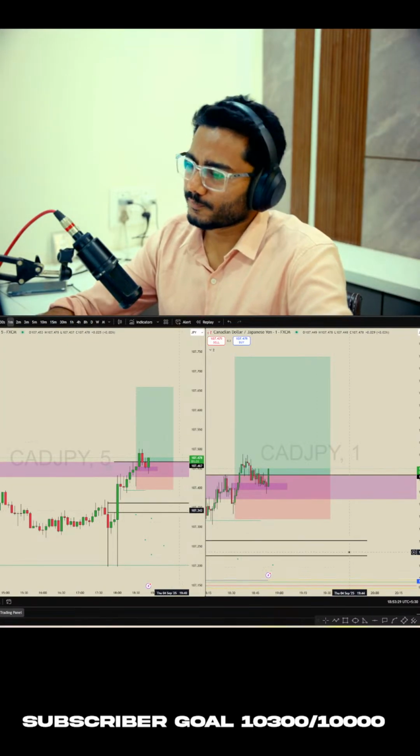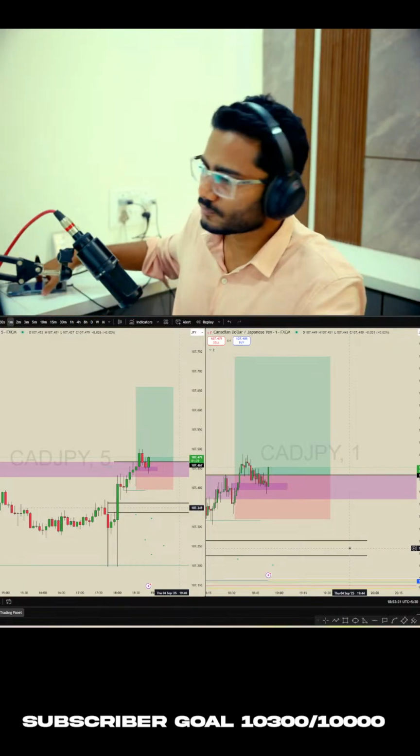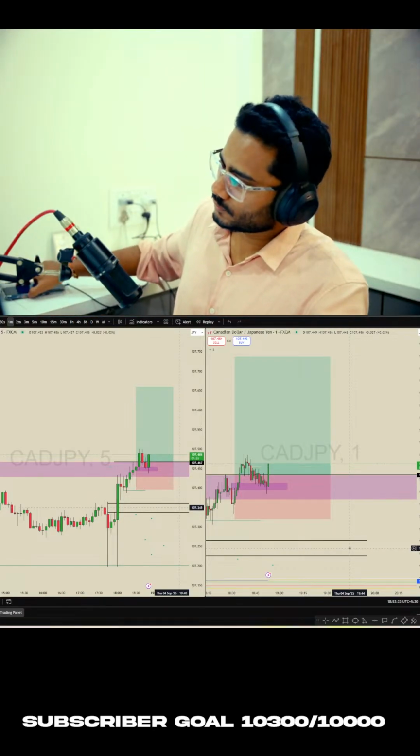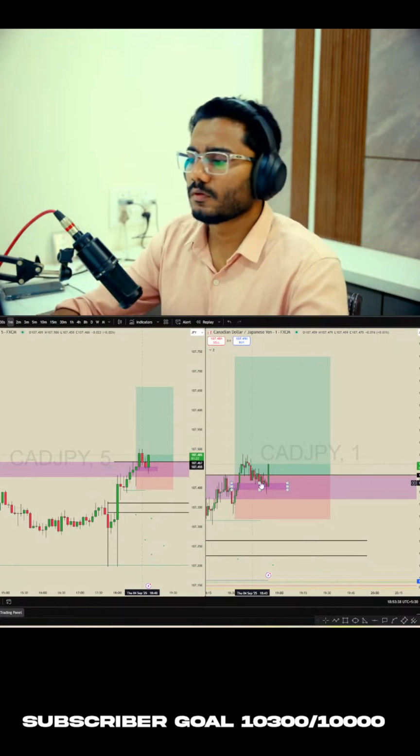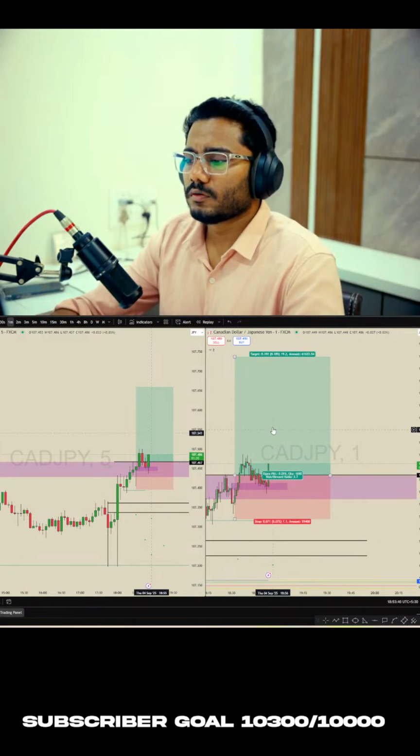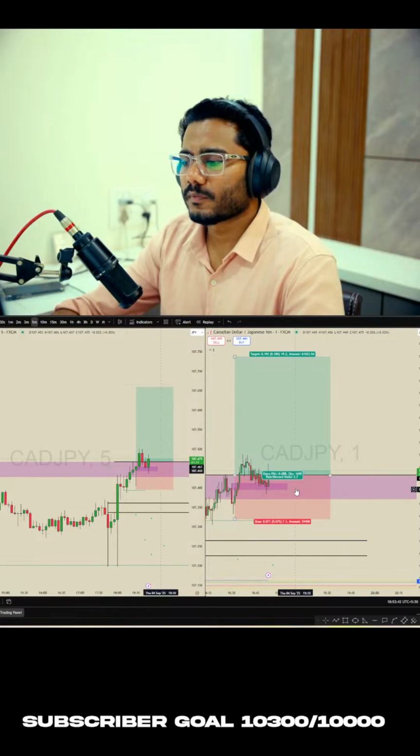Momentum is coming in CADJPY. Don't go to break even immediately.